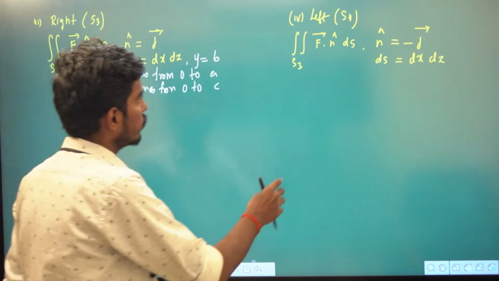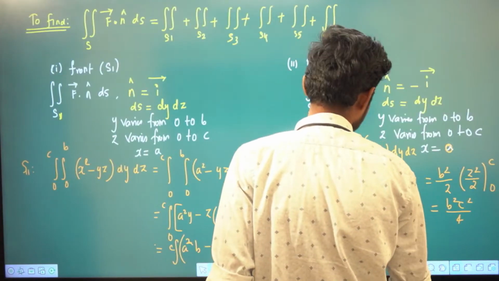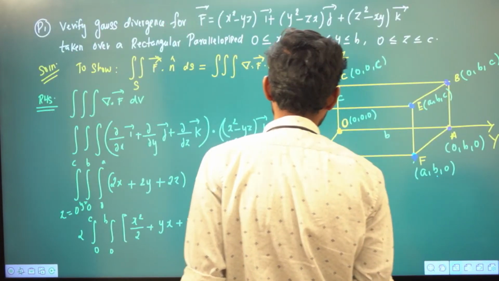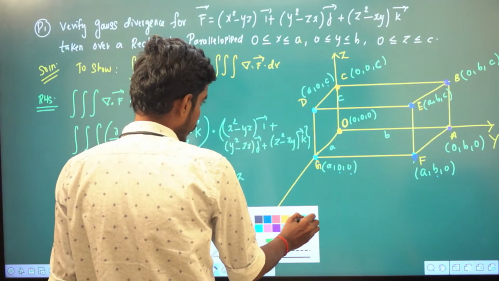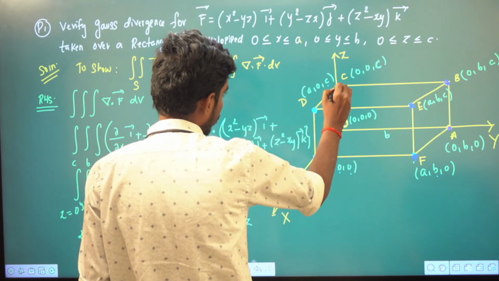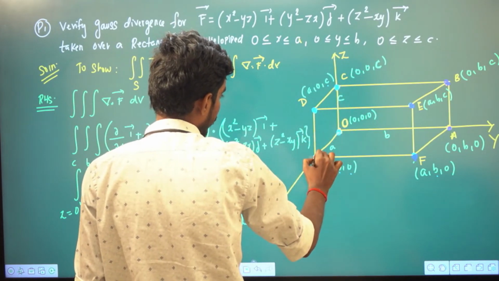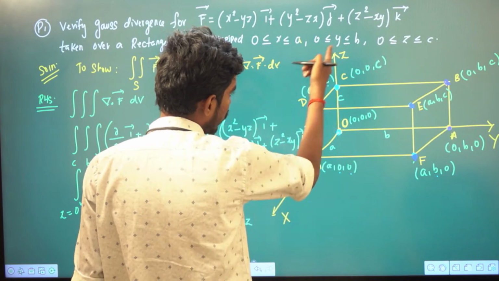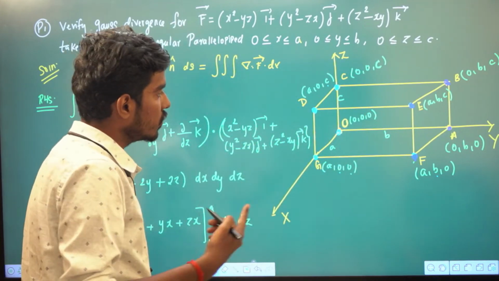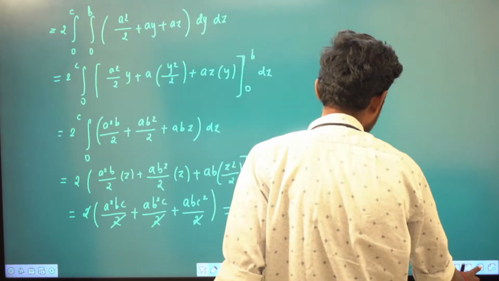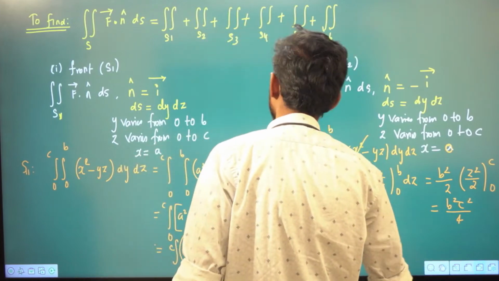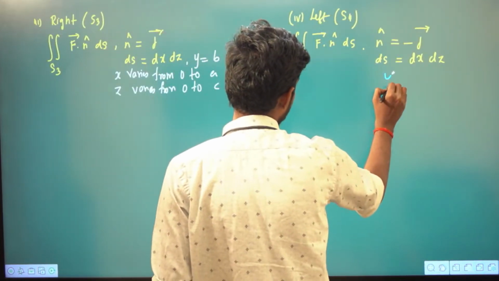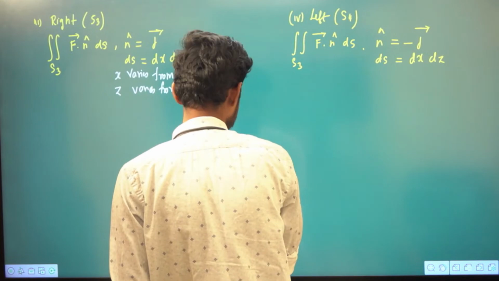And here also, for the left surface, you can see this is the left surface, right? For the left surface, y is always 0. For all four coordinates, y is 0. X and z are varying.